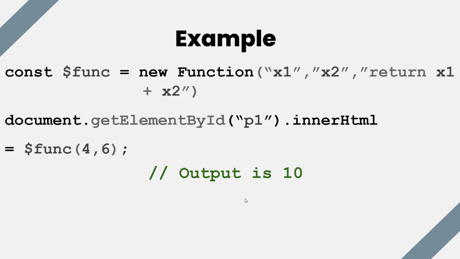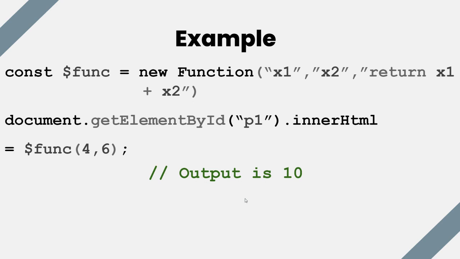We also have x2, which is a string, and lastly we have our code, which is return x1 plus x2, which is also a string. So here the function has no name, and because it has no name, we would have to reference it by a variable name, which is why we assigned it to the constant declared variable, func.